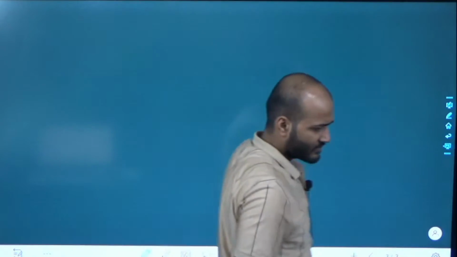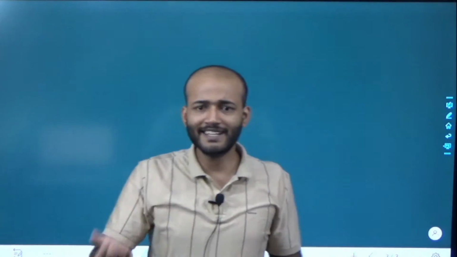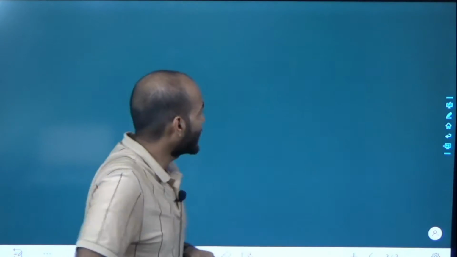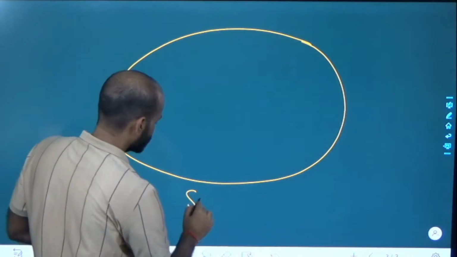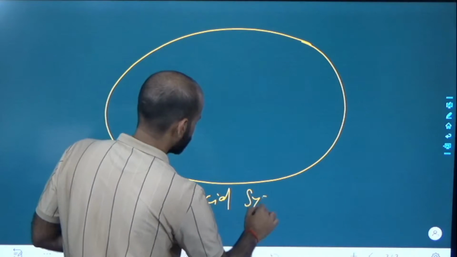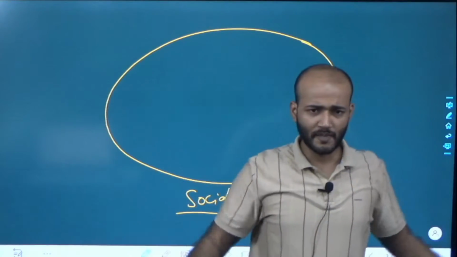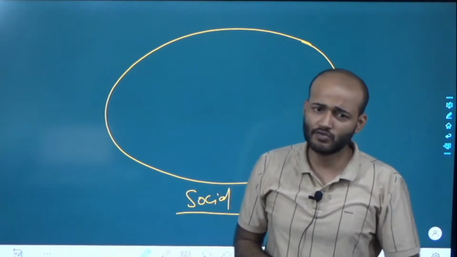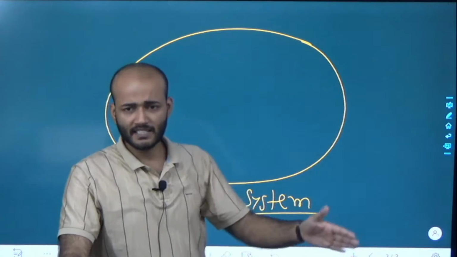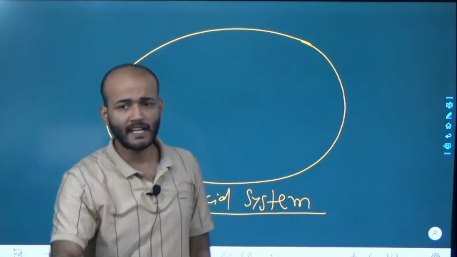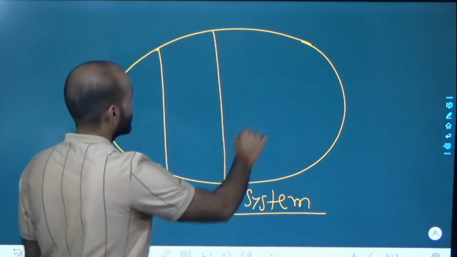Now we cannot holistically study the whole social system in a single way, because it is very hard for a researcher to study every aspect at a single time. So Parsons did a partition and divided the social system into different subsystems.